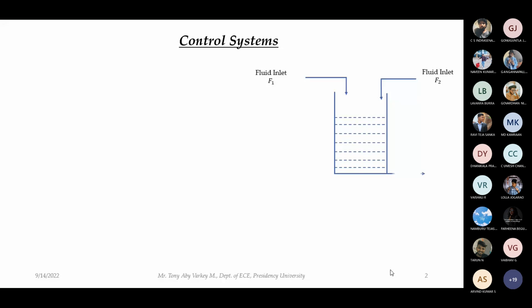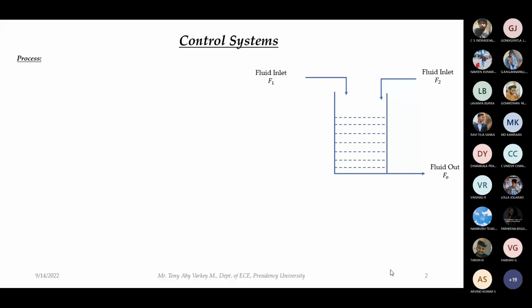That is the purpose of this particular reactor. So you have a container in which two fluid inputs are coming and getting mixed together at a particular temperature, and some fluid goes out, which is our product.